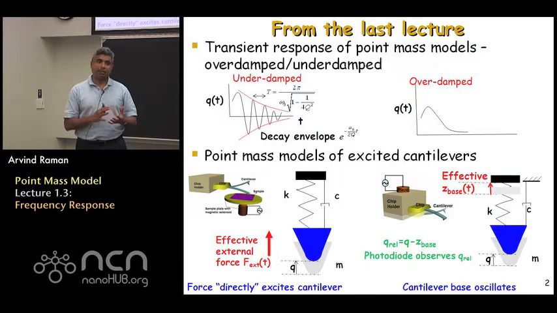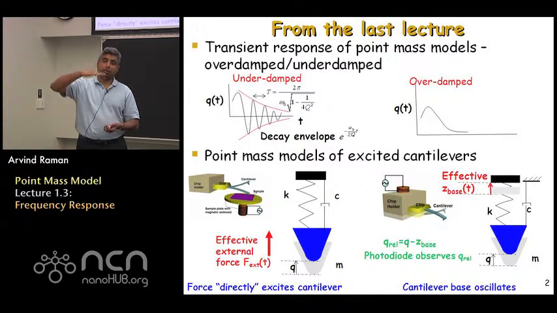On the other hand, things start getting a little complicated for dither-piezo excited systems or acoustically excited cantilevers for two reasons. First of all, instead of a direct force, what we actually apply is a displacement. We move the base of the cantilever up and down, or in other words, if you've got a point mass oscillator model, you move the support location of the spring up and down.